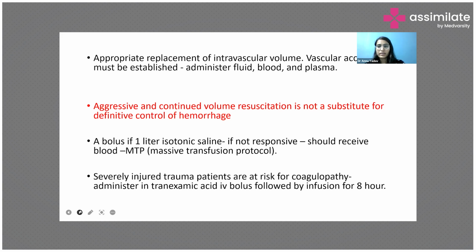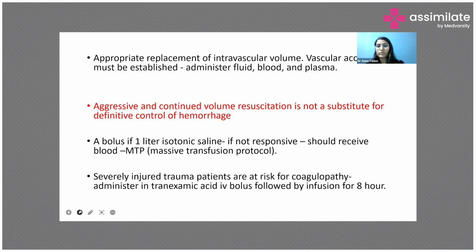So initially, when we start giving fluids, a bolus of 1 liter isotonic saline is preferred. If the patient is not responsive, then we should switch to blood and blood products. We can start the massive transfusion protocol, which includes PRBCs, platelets, and fresh frozen plasma.